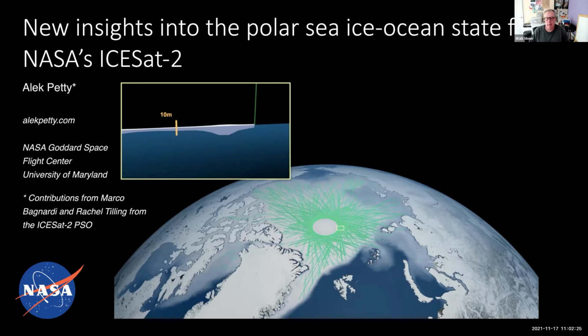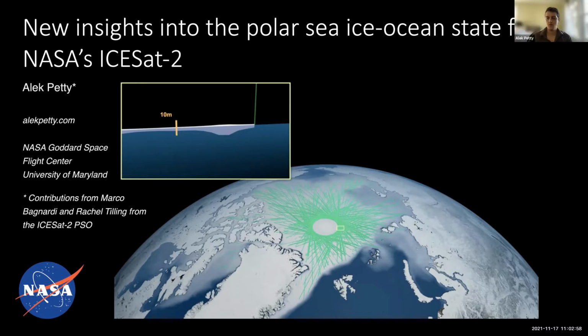He has a PhD in climate science from University College London, and has done some really great work on getting good sea ice thickness and sea ice freeboard data out of ICESat-2, which is a key parameter in the Arctic sea ice. So Alek is going to talk about some of the new insights from ICESat-2. So Alek, take it away.